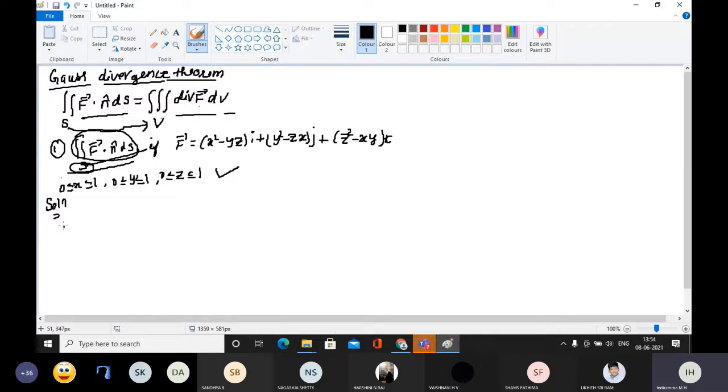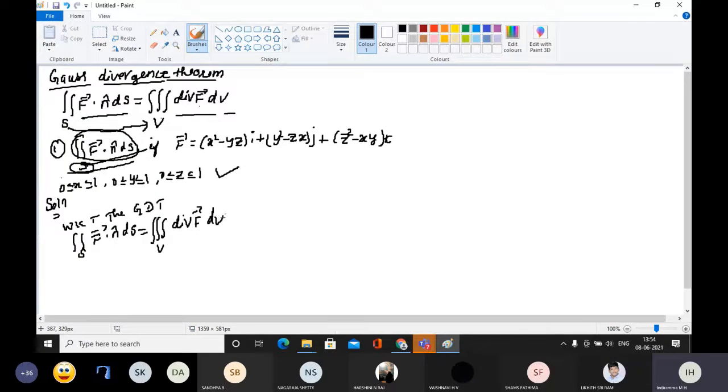So, solution, write down. We know that the Gauss divergence theorem says the double integral over the surface S of vector f dot n cap dS equals the triple integral over the volume V of div f dV.